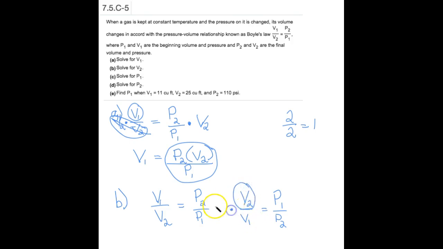So if I multiply by V sub 1, then these will cancel. I have V sub 2 by itself, and I have P sub 1 times V sub 1 in the numerator, and P sub 2 in the denominator. So this would be my answer for V sub 2.